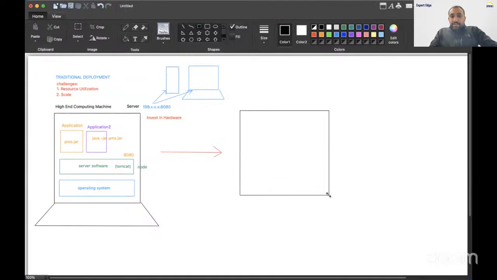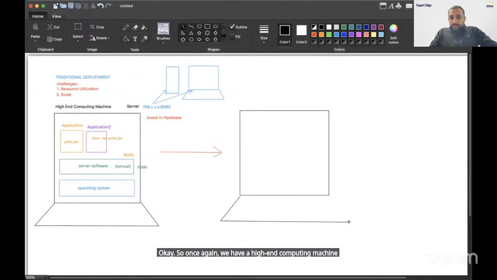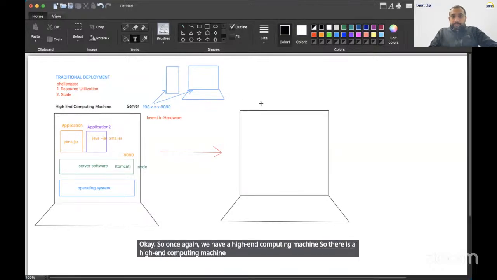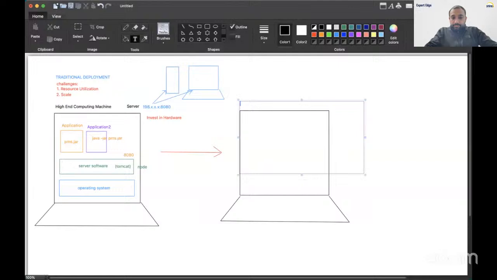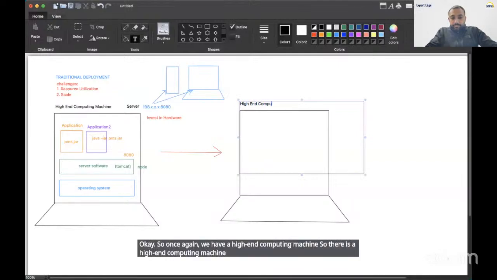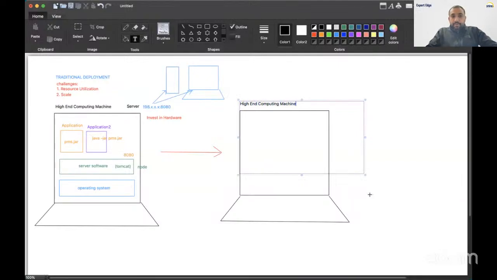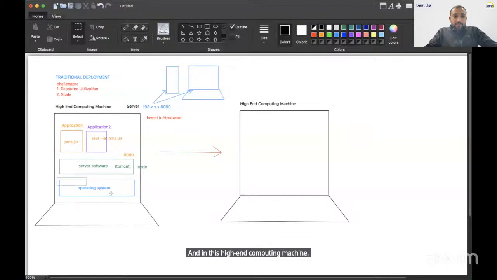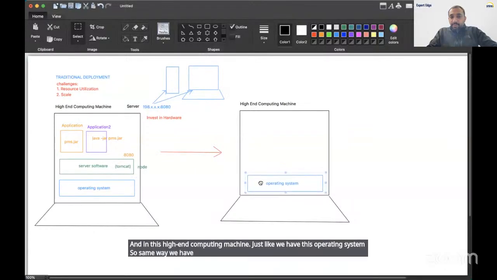Once again, we have a high-end computing machine. And in this high-end computing machine, just like we have this operating system, in the same way we have the operating system on this machine as well.